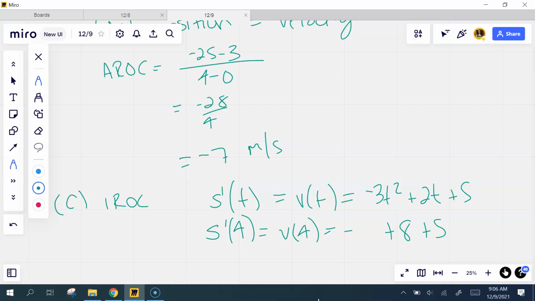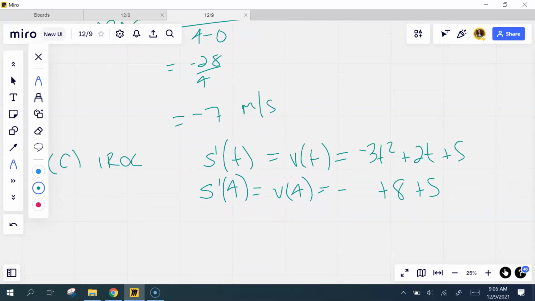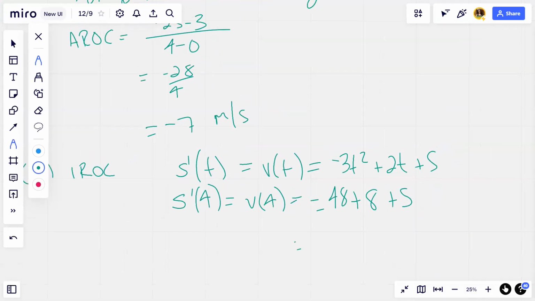All right, look. 4 squared is 16, and 16 times 3. Well, we're not doing it. Why are you power ruling anything? Okay, that's what I was asking. All right, 16 times 3, 48. That'd be negative 48, so that's negative 35, right? That'd be negative 40.